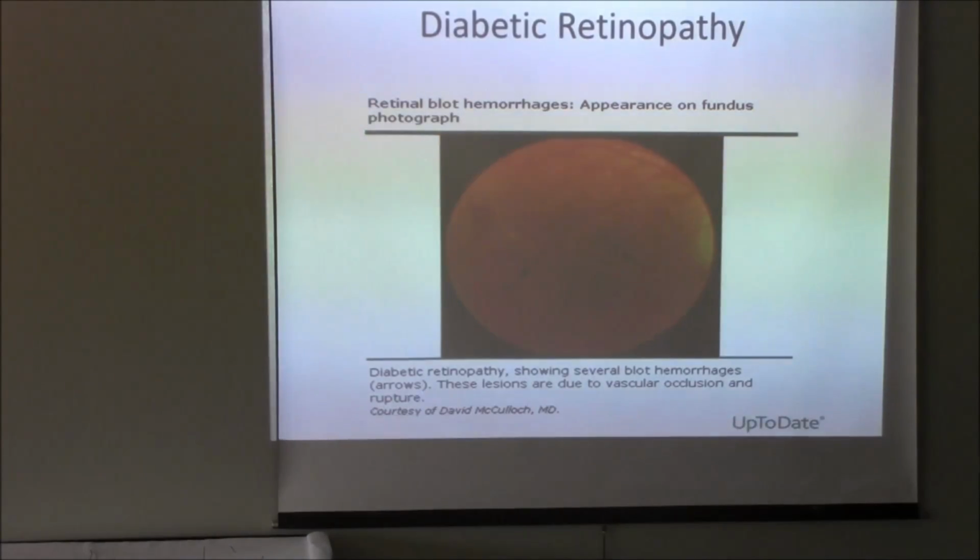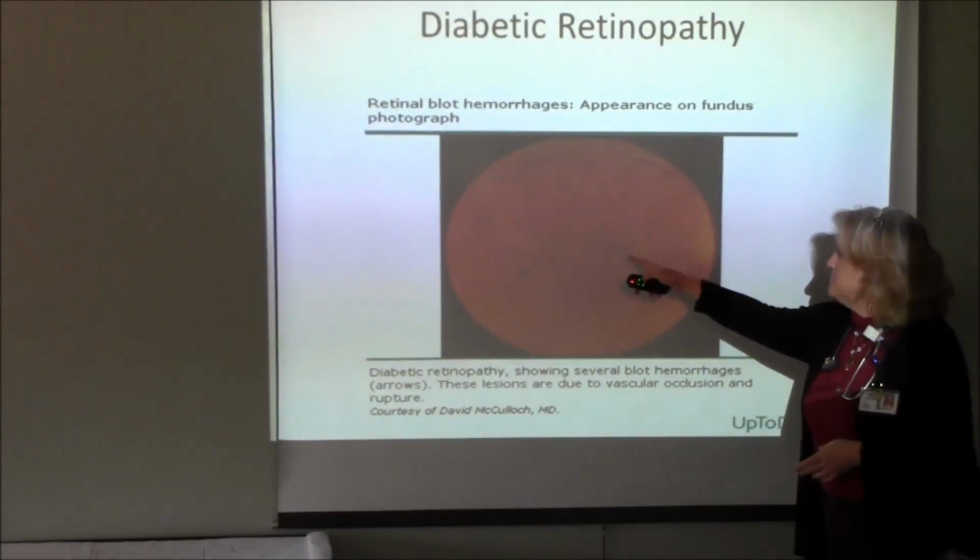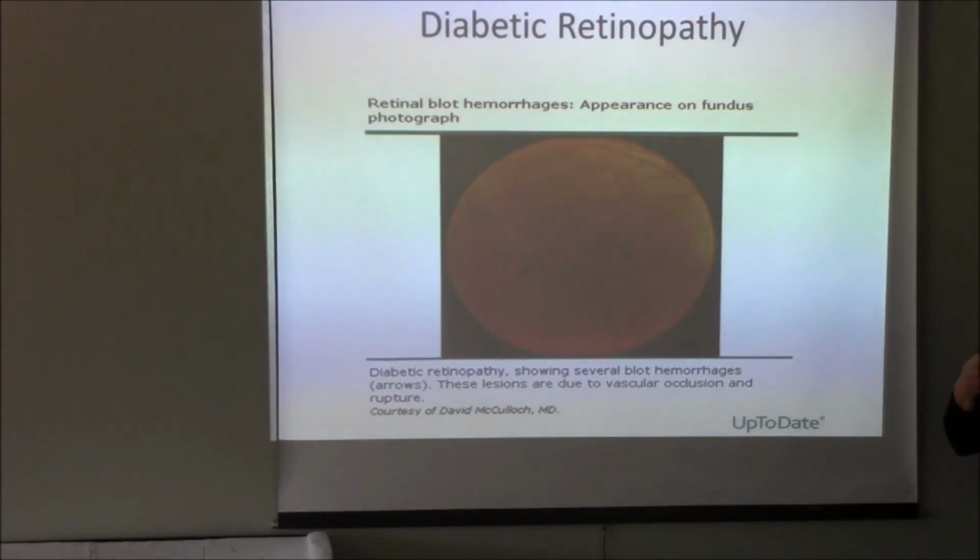Diabetic retinopathy is really hard to see, but what happens with diabetes is that you develop new blood vessels within the eye because of these high sugars and these fluctuating sugars, and the new ones become very fragile and they start to bleed. And so when we do an eye exam in the primary care office, we'll notice little hemorrhages.